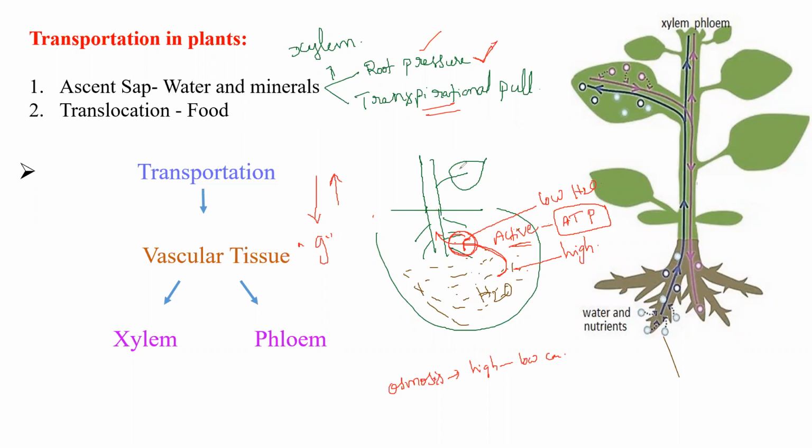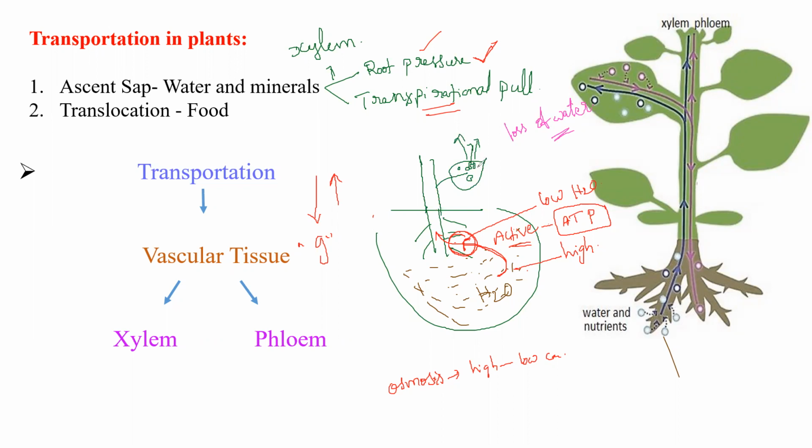As you know, each and every leaf has small pores, nothing but the stomata. Through the stomata, water evaporates, right? Guard cells are there which open and close. Due to that, water evaporates. Loss of water through leaves is called transpiration.